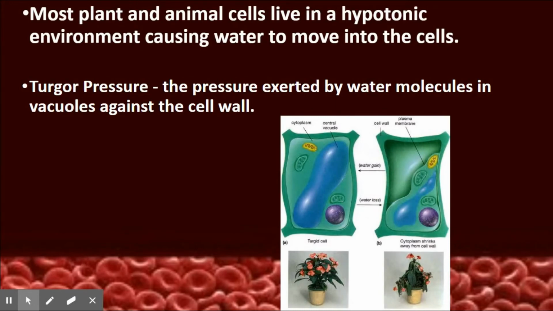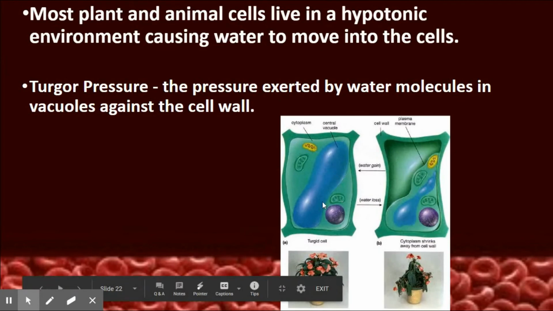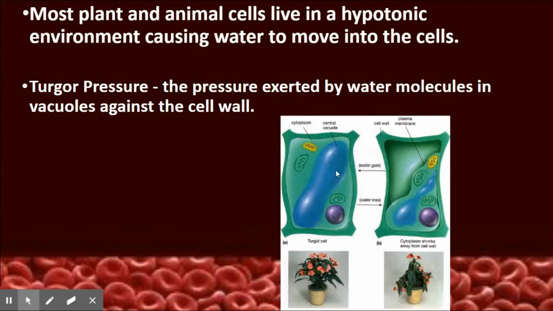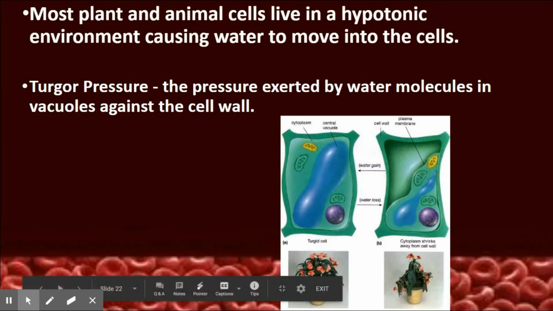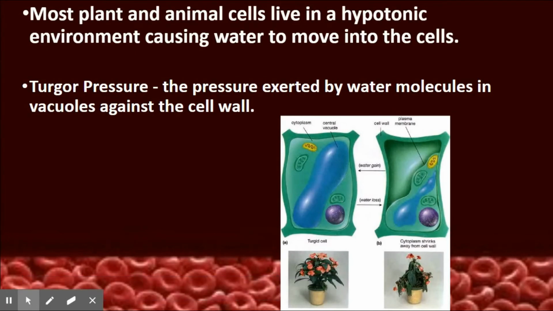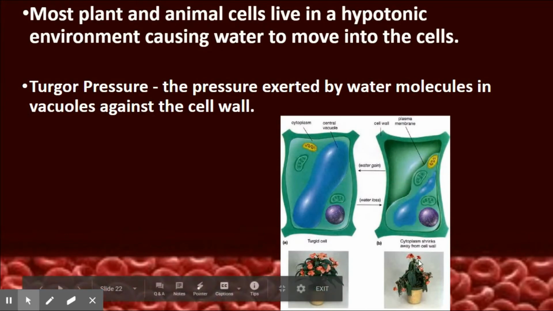And so then if we look at the blue here, it is the water in our contractile vacuole, and we have what's called turgor pressure, which is going to be the pressure that the water molecules and the vacuoles are going to exert on that cell wall to push it out. If we don't have enough pressure, then those cells are going to shrink, cause our plant to shrivel up.